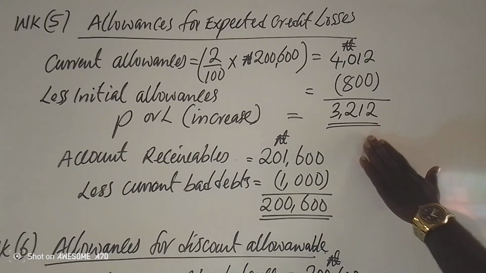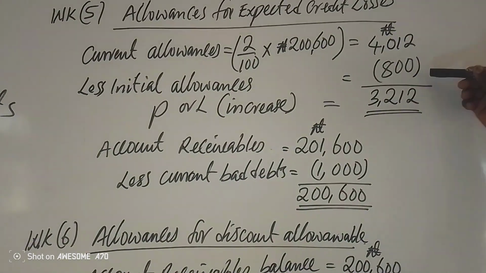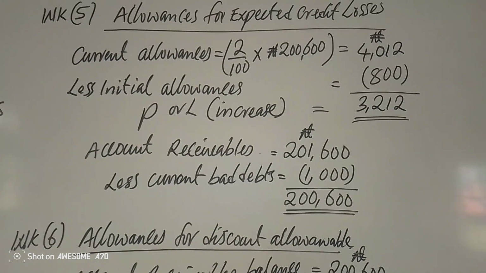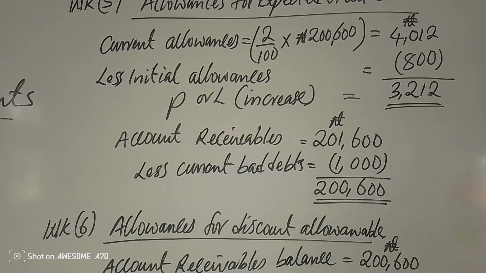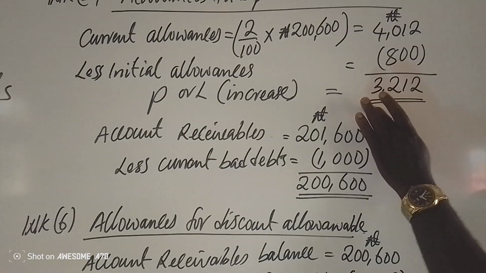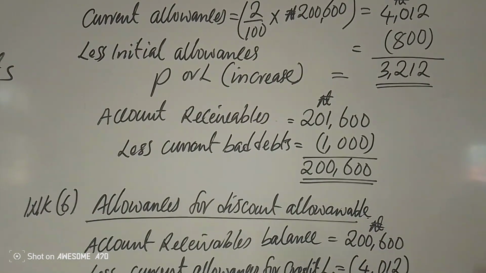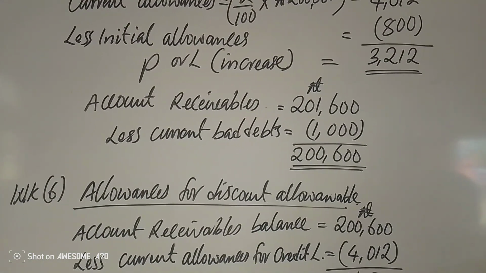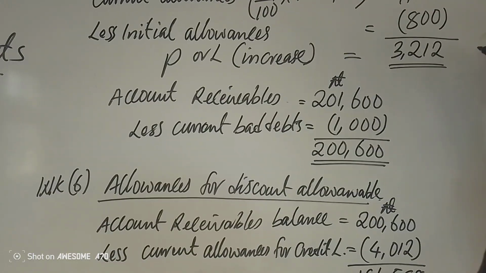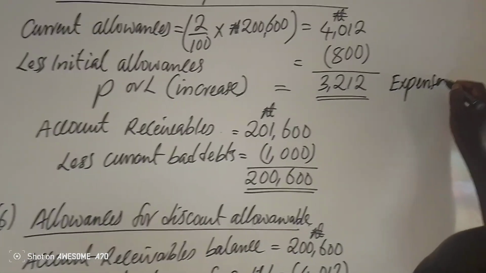This is an increase, because the initial allowance was 800 naira and the current one is 4,012, which is higher than the initial one. Now we say that there is an increase in allowances for expected credit losses. And if it's an increase, this will be treated as an expense. So mind you, if it's an increase, you treat it as an expense under profit or loss.